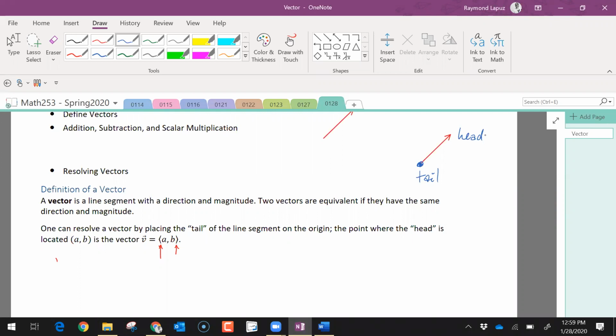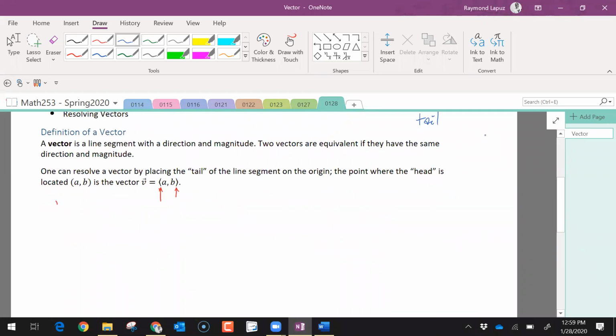The starting point we usually call the tail, and the ending point we usually call the head. So based on our head and our tail, we can take a look at a vector. Regardless of where it is, we can send it back to the origin, and that's what's called resolving a vector.